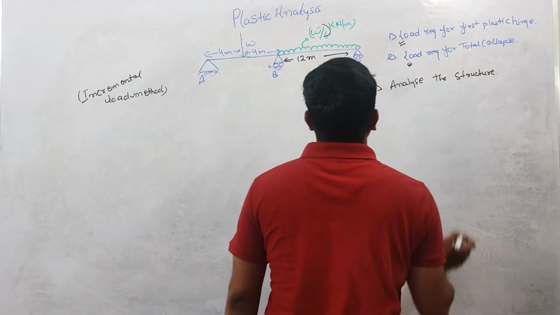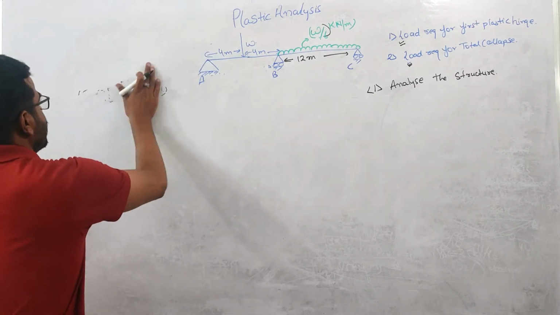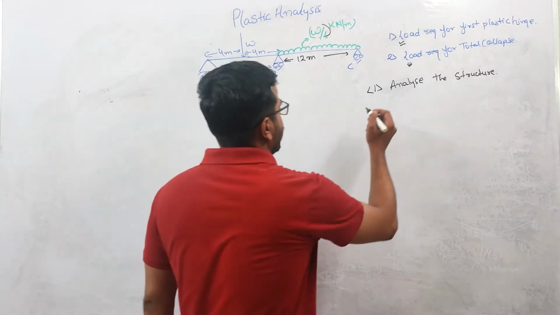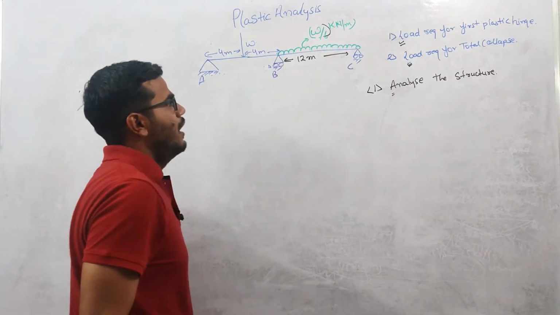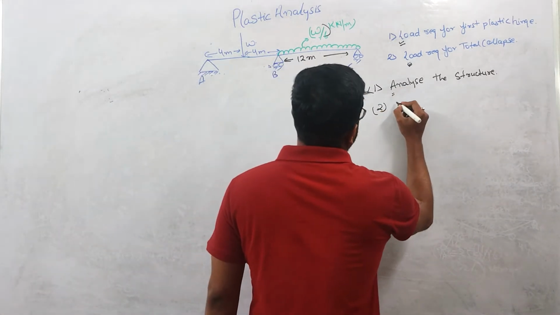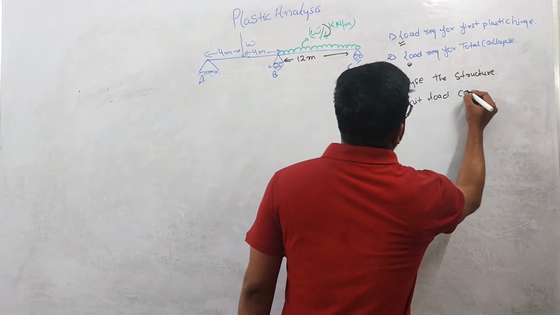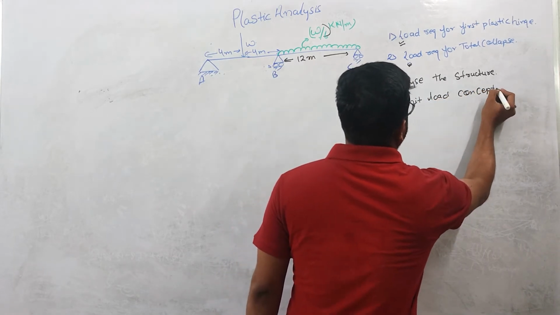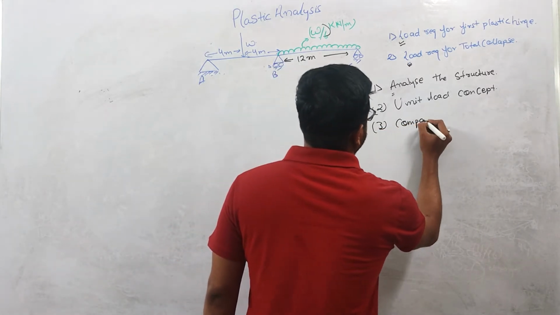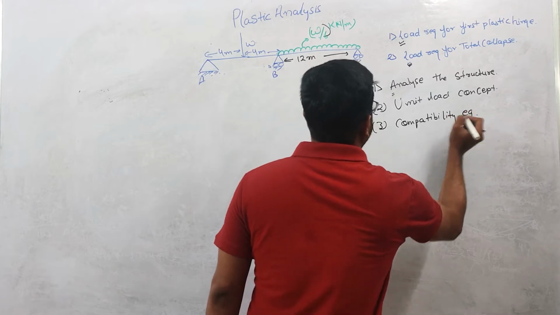Okay, so basically this is an indeterminate structure, so it is a little bit tough to solve. So how will we be analyzing the structure? We will be using the unit load concept over here, and we will be using the compatibility equation, right?